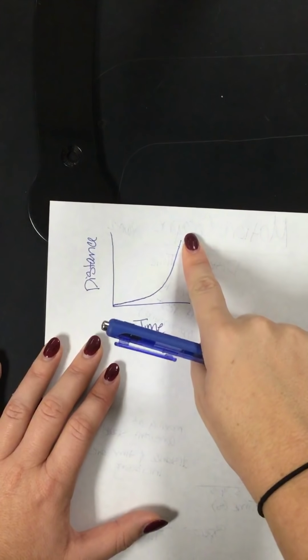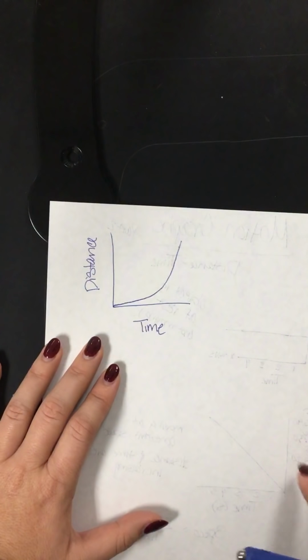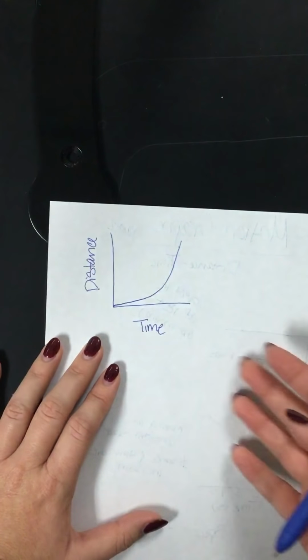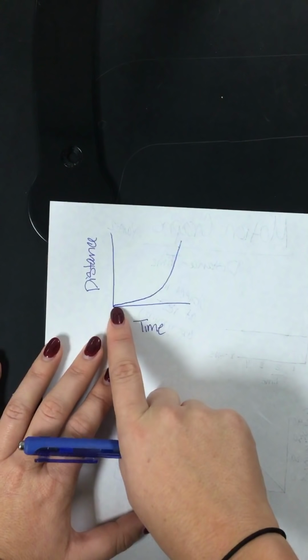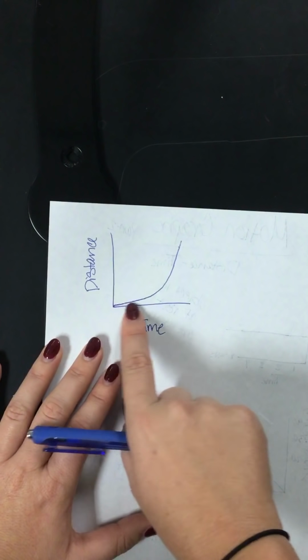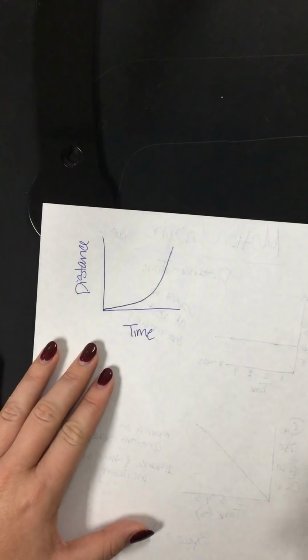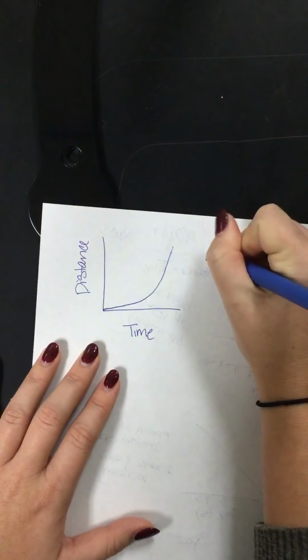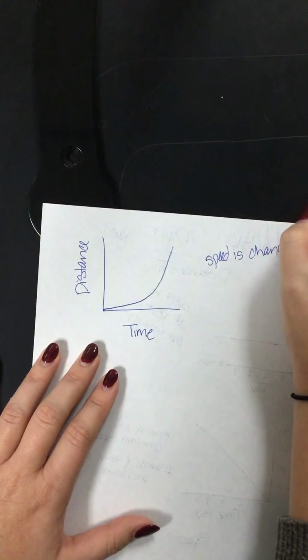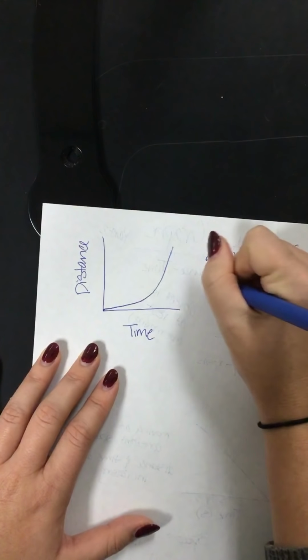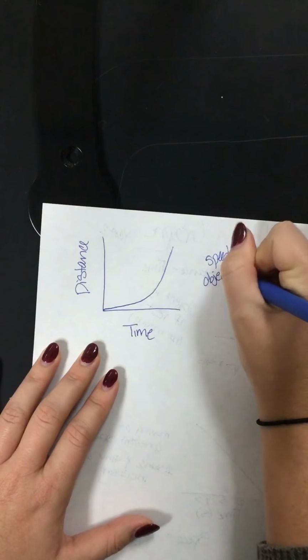We could be speeding up like this graph shows, slowing down, changing directions, which we wouldn't graph on this. Actually, we can graph it. I'll show you how to on the next one. But since we see a curved line, we know that the speed is changing. So this object is accelerating.